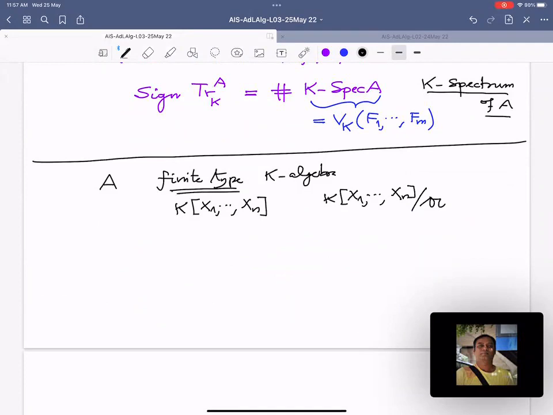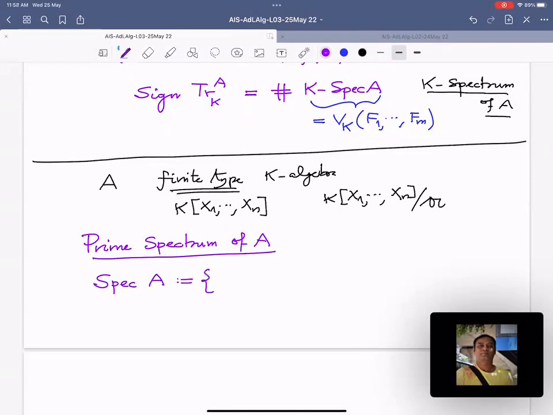All right. So what is the spectrum? To be a little more precise, the prime spectrum. Usually denoted by Spec. This is the set of all prime ideals P, where P is a prime ideal.